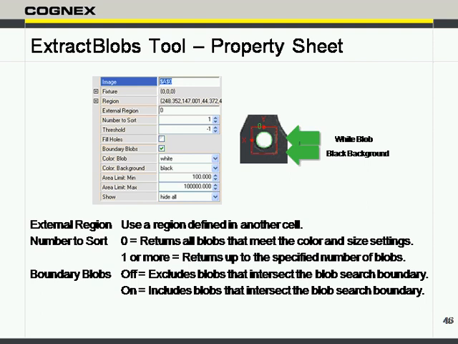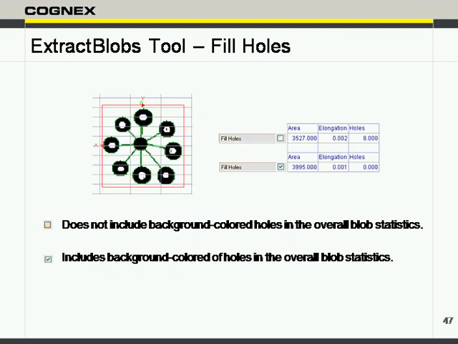And we're going to be able to look at some of the definitions here. We've got some region here, fixture and region. Again, we have to look in a certain region to find them, fixture, so it moves with it. We also have a number to sort, so this can also be a fixturing tool. When we find one, it will give us an XY location, as you'll see when we actually draw this tool. And we have different pieces of information down here also.